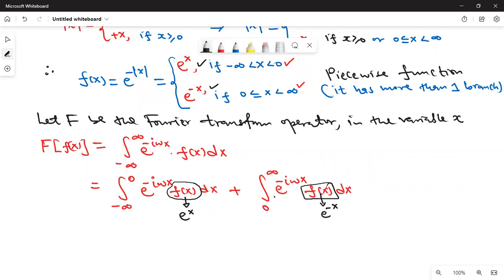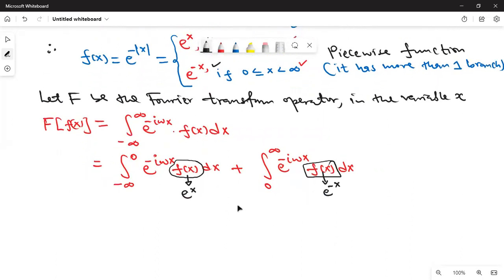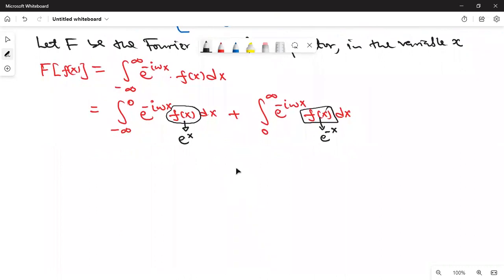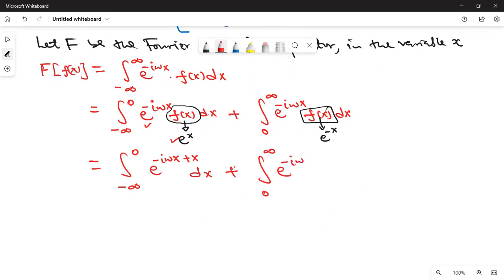Now this can be written, and you can use the laws of indices to combine those two exponential functions, so that we have the integral from negative infinity to 0 of exponential negative i omega x plus x dx. I have combined this and this one, so you add the powers. Plus the other one is the integral from 0 to infinity of exponential negative i omega x minus x dx.